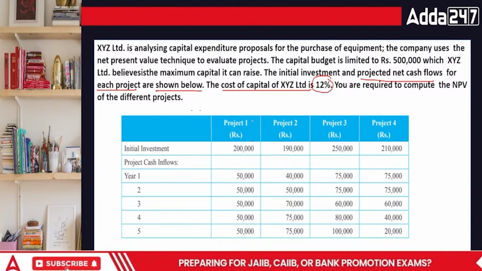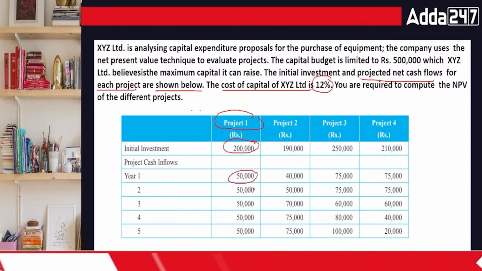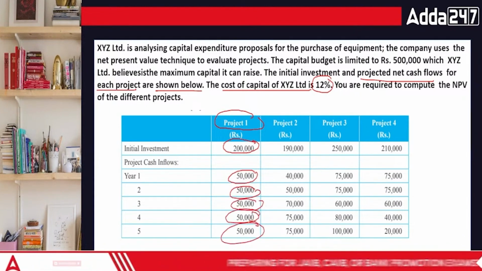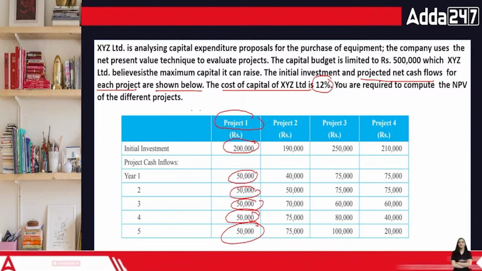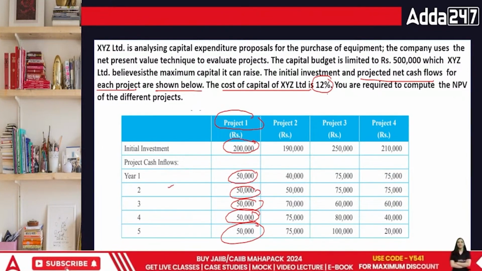Everyone, let's pick up only the first project now. Look at this. The initial investment is this, and you are receiving this much money every single year. Now the cost of capital is 12%. First of all, whenever you are given the cost of capital, this is what you will use for discounting.